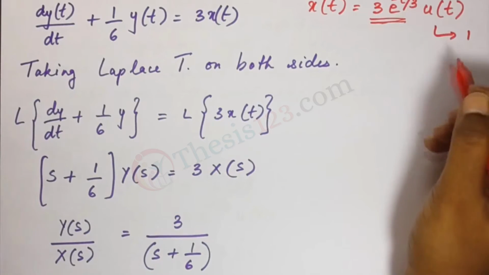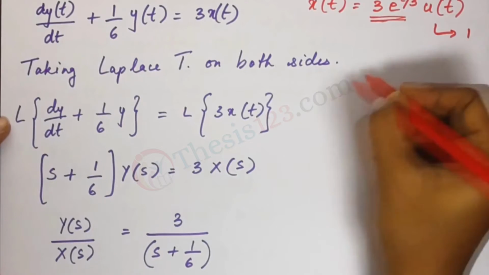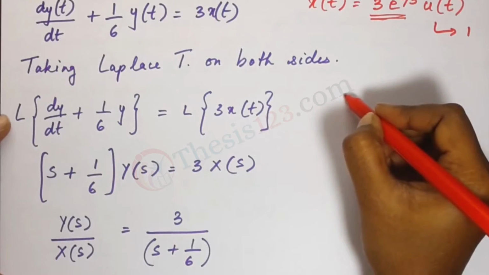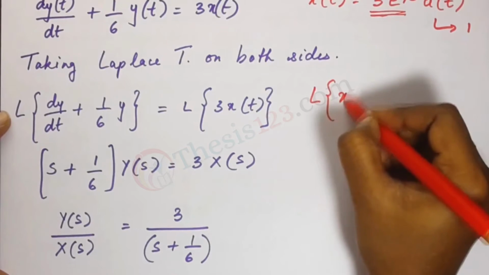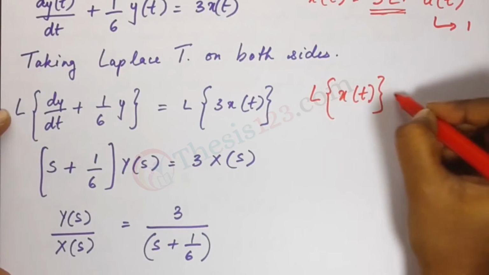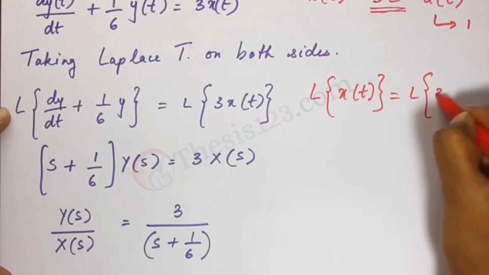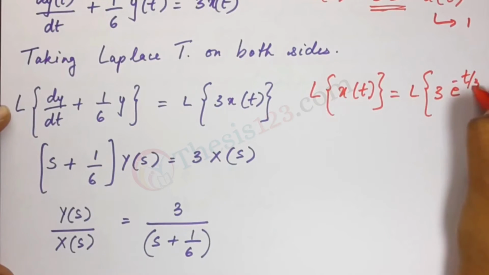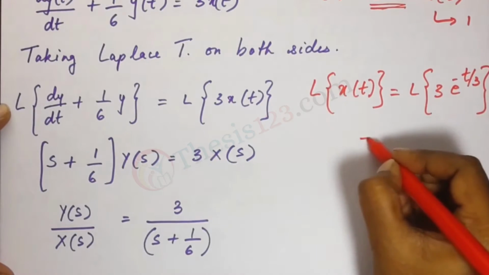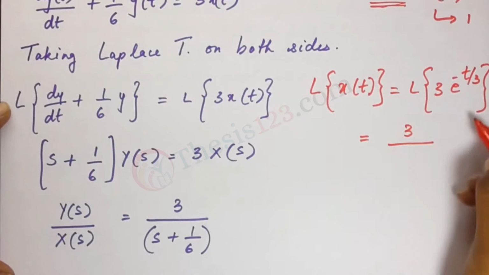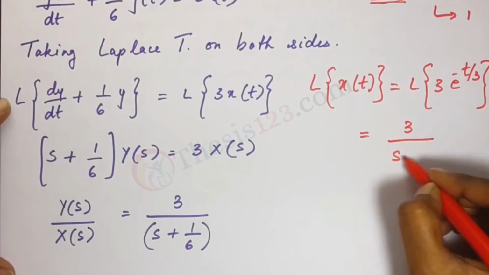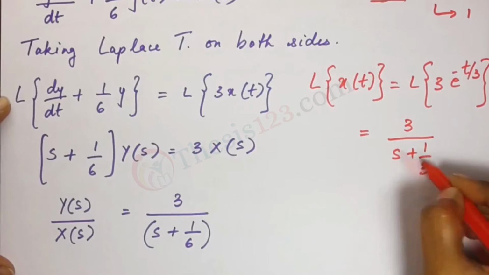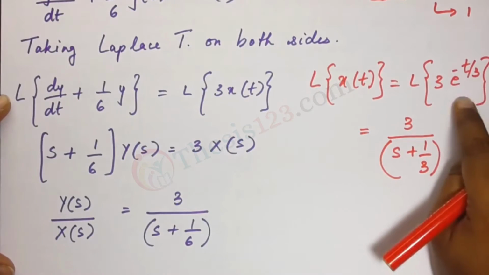Now for 3e^(-t/3), applying Laplace to this, the Laplace of the input x of t is the Laplace of 3e^(-t/3). And that would be 3 divided by (s plus 1/3).